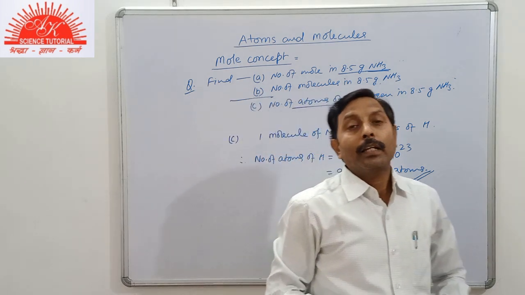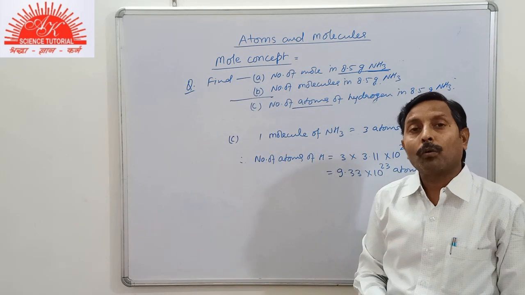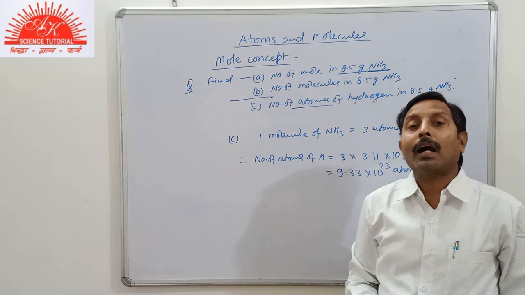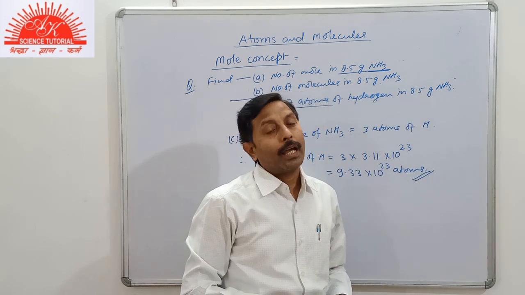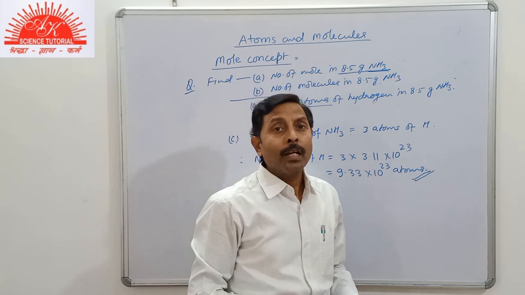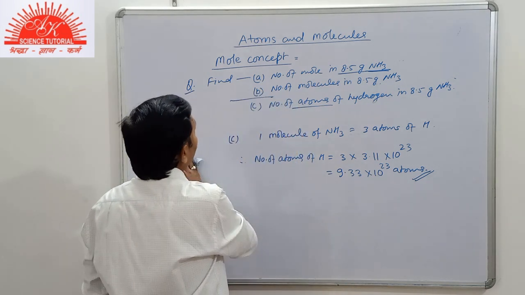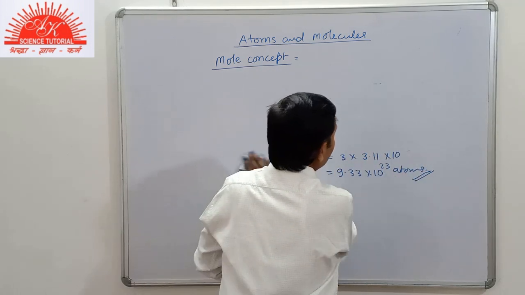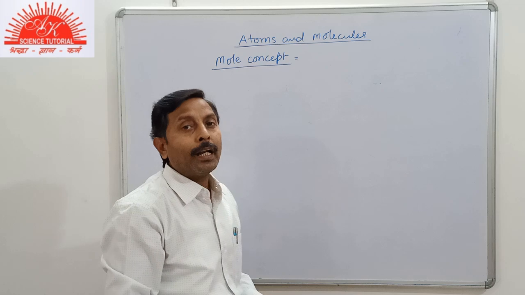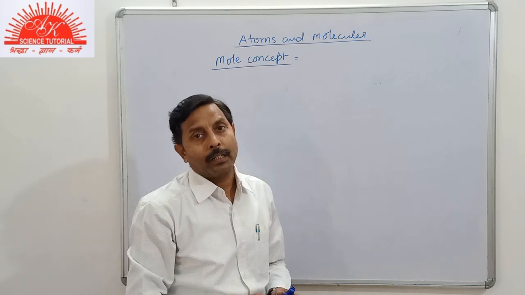So students, in this way you can find out the moles, the mass, the number of atoms, the number of molecules, and so on. Take one more example. Suppose in some question, the number is given and the mass has to be calculated.